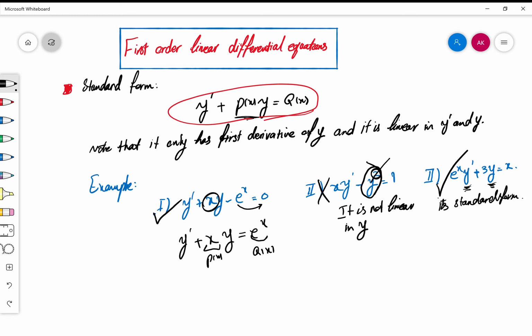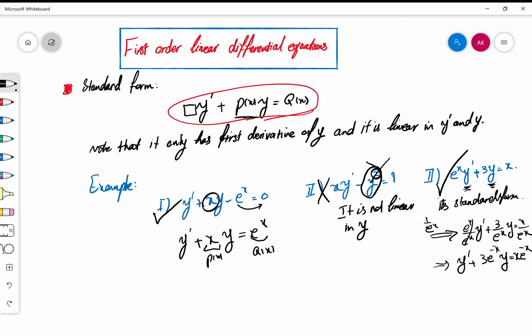what is the standard form? y prime has no coefficient here, so I have to divide the whole equation by e to the power x. That will give me e to the power x over e to the power x times y prime plus 3 e to the power x y equals x e to the power x. And then you can see these two cancel, and I get y prime plus 3e to the power negative x y equals x e to the power negative x.